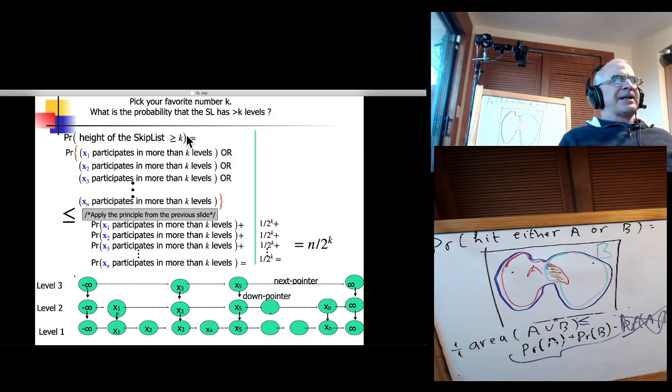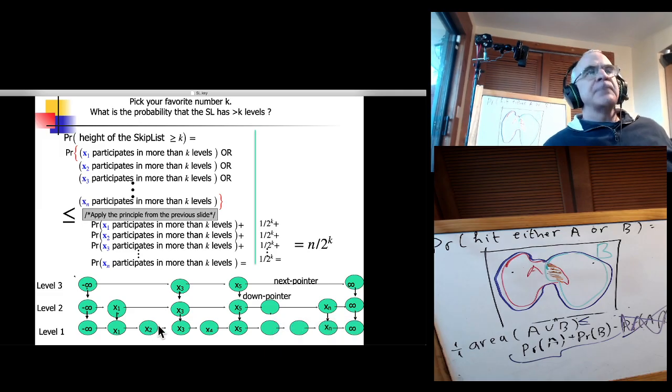The probability that I'll find a skip list with more than k levels is exactly the probability that either this event happens: x1, when it was inserted, decided to participate in more than k, or, not exclusive, x2, when it was inserted, participated in more than k. In this example, it participated only in 1. Or x3 decided to participate in more than k, yada, yada, yada, all the way up to possibly xn, who was a bad guy that wants to participate in so many levels.